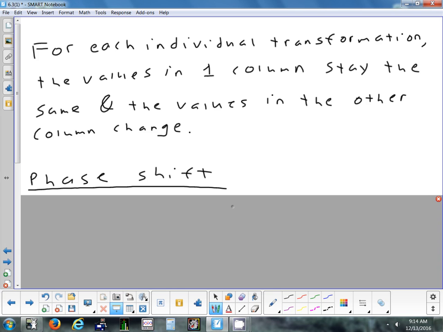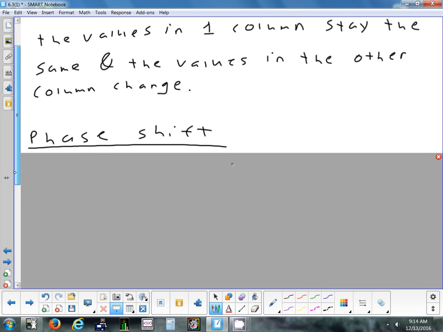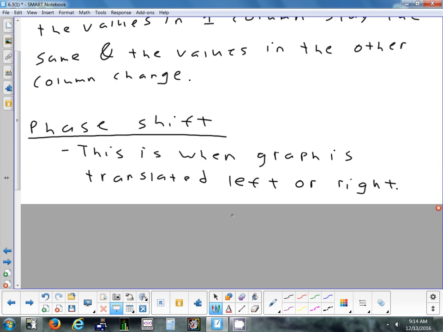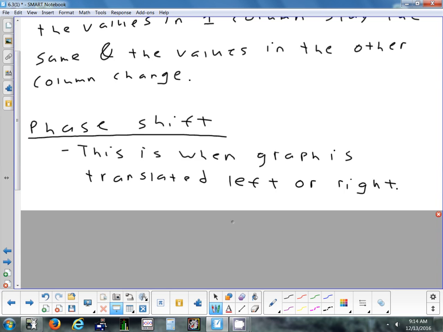You got the tables, you understand what the period is, the 5 key points, all the basic stuff. So phase shift is just when you translate the graph left or right. Normally we call it a horizontal shift, but for some reason when we study trig, they decide to call it a phase shift.